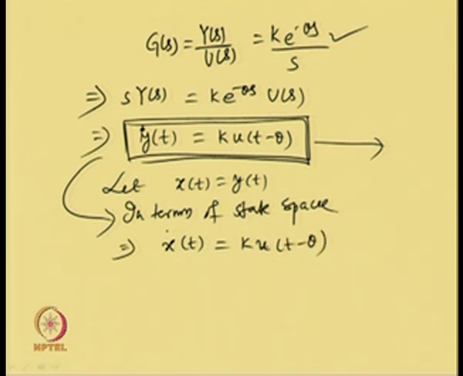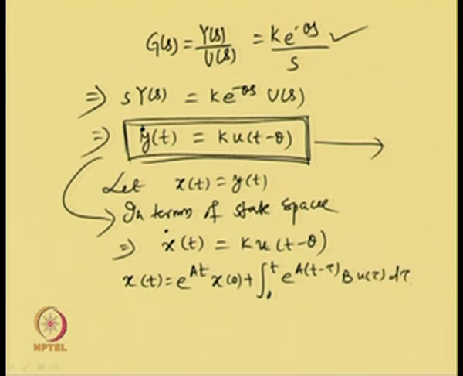The solution of the state equation using the standard formula can be written as x(t) = e^(at) x(0) + ∫ from 0 to t of e^(a(t-τ)) b u(τ) dτ. What are these a and b? If I look at the state equation and compare with the standard form, a x(t) + b u(t), then a = 0 and b = k.